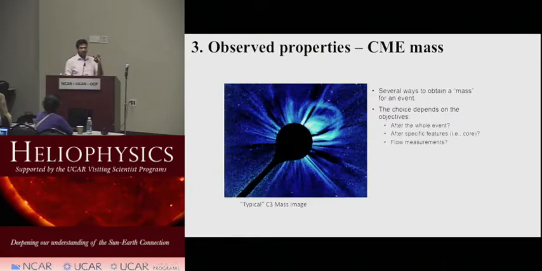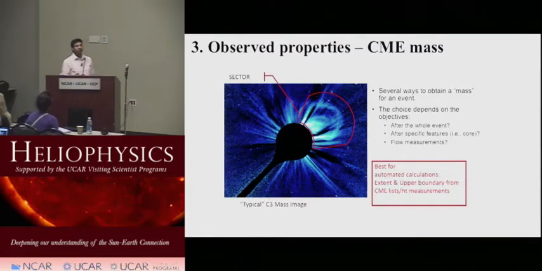That allows you to look at these white light images and convert them into mass, so effectively you have an image like this, which is now a mass image. Every pixel is a value of the amount of mass in that pixel, not the amount of light. Then you can add up all these pixels, much like light, and get an estimate of the total amount of mass. So you can do interesting things, like look at an entire sector, get an idea of its entire CME mass, and see how that mass changes as it evolves into the heliosphere.